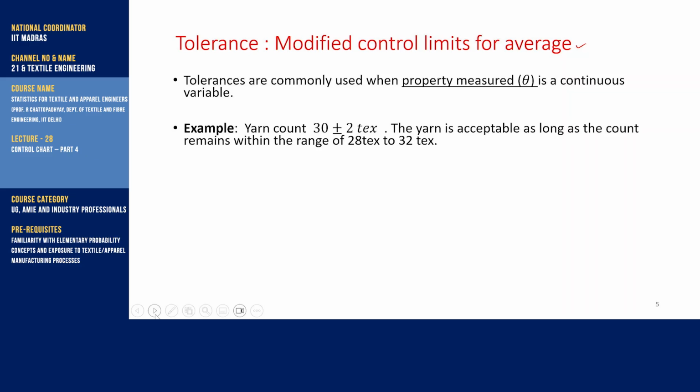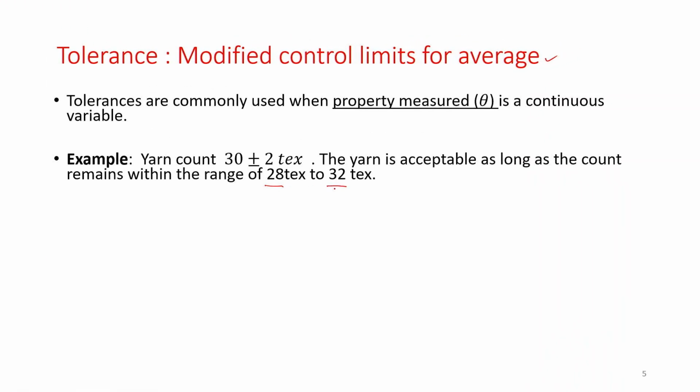Example, suppose for yarn count we write 30 plus minus 2 tex. That means the count range is 28 to 32. So as long as the count being produced is found to be within 28 and 32, we'll say this is an acceptable yarn for further processing.